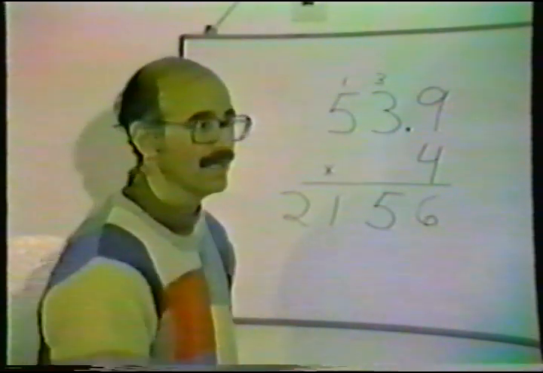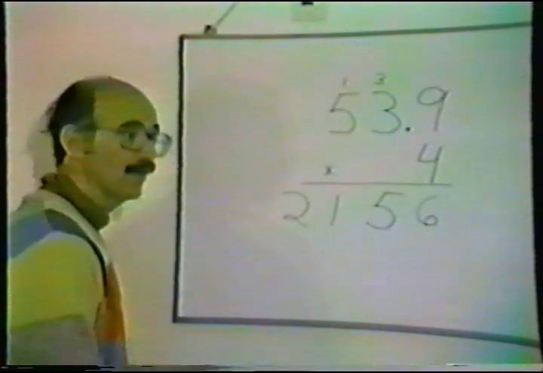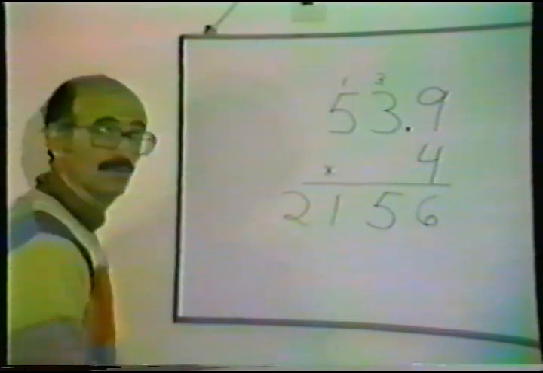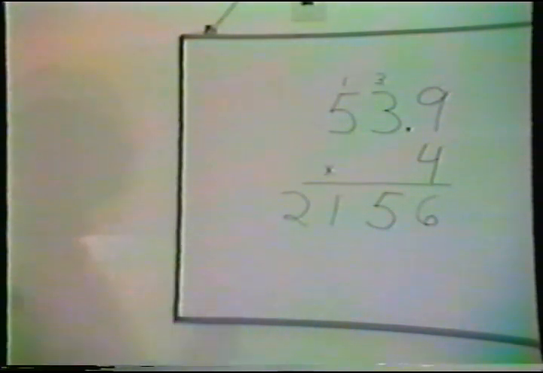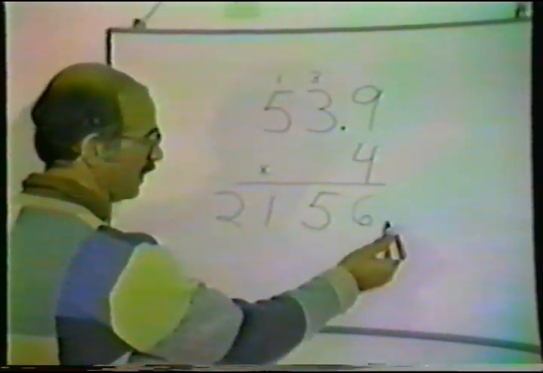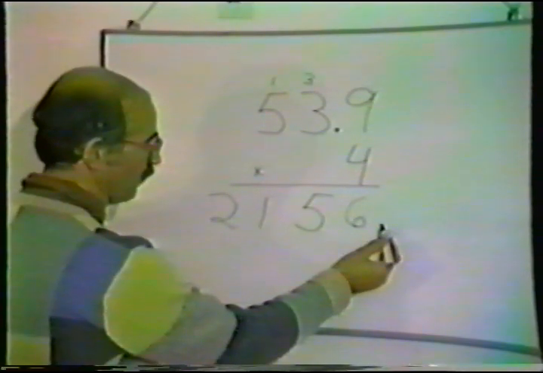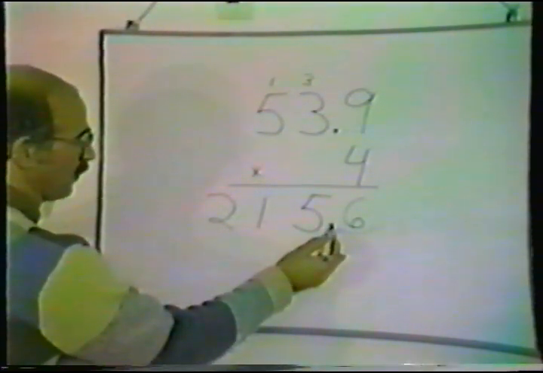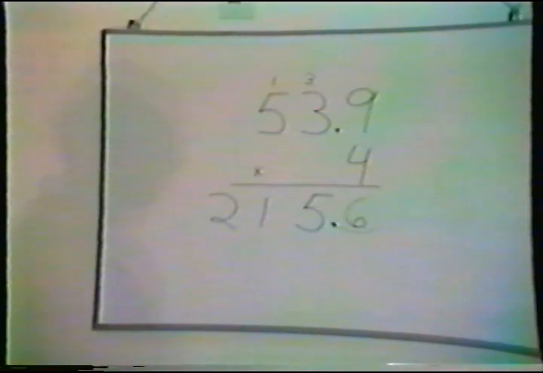So if I ask you the question, how many places are there to the right of a decimal point that are filled, you would say to me, 1. So we start in our answer at the very end, and we go back one place, and we put our decimal point right there.